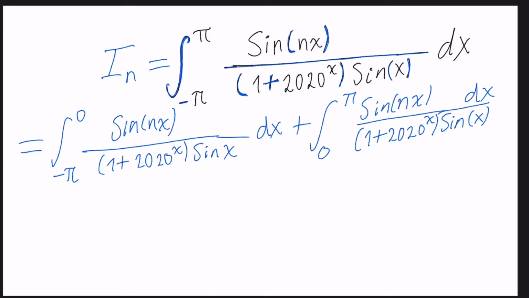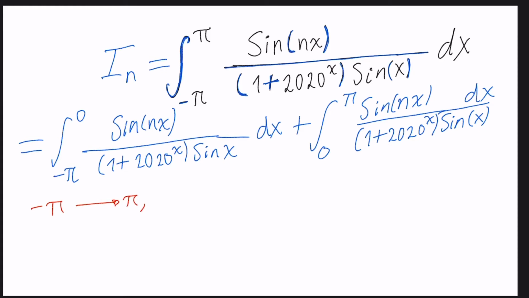So in order to see any change, we have to introduce a substitution. In this case we have to see something. There is the integral from 0 to pi, and here from minus pi to 0. So why don't we try to make minus pi become pi and 0 remain 0?